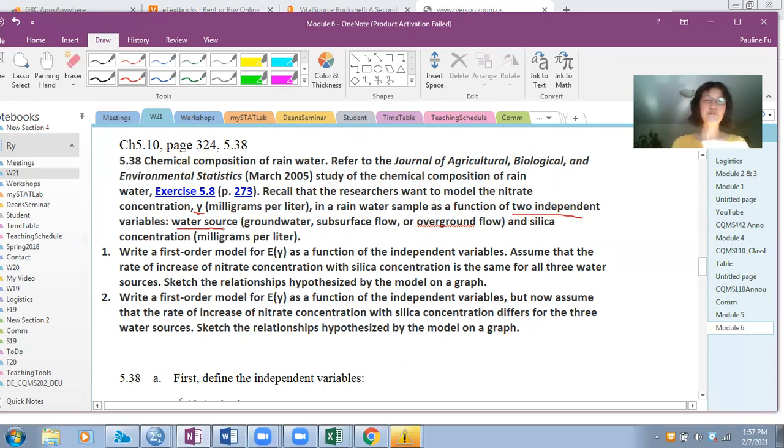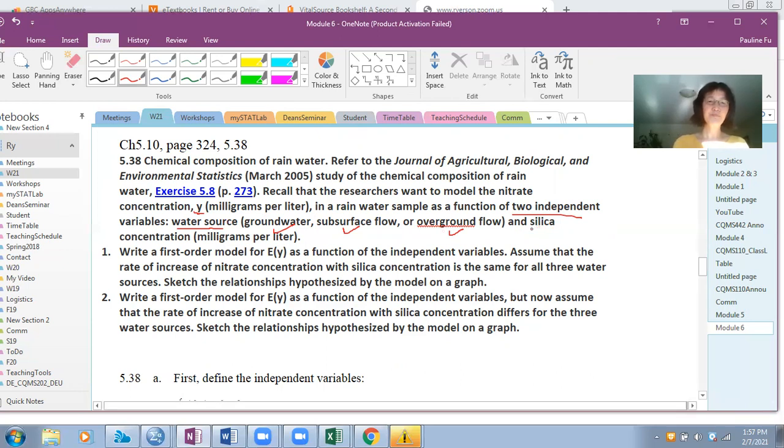Water source has 3 levels: underground water, subsurface flow, or overground flow. This is one variable, water source, and it is qualitative data because it is a categorical variable with 3 levels. Another variable is the silicon concentration, and this variable is a quantitative variable.